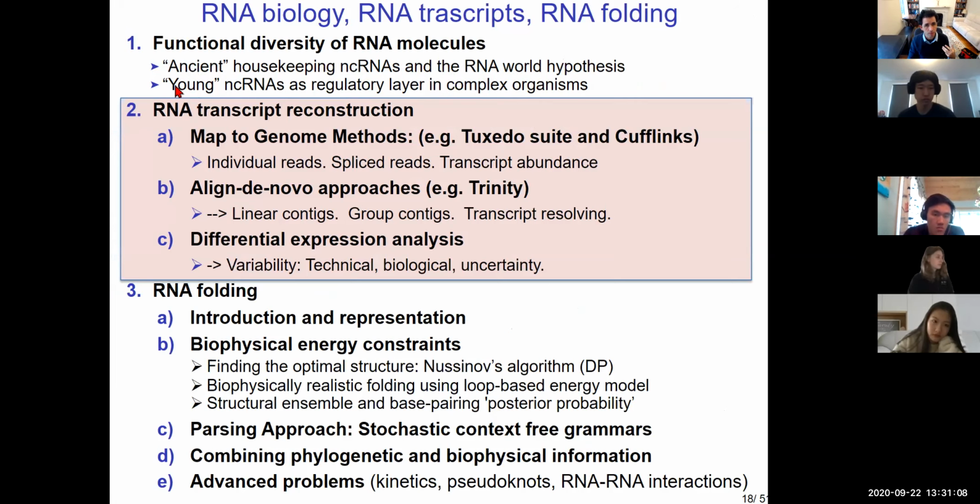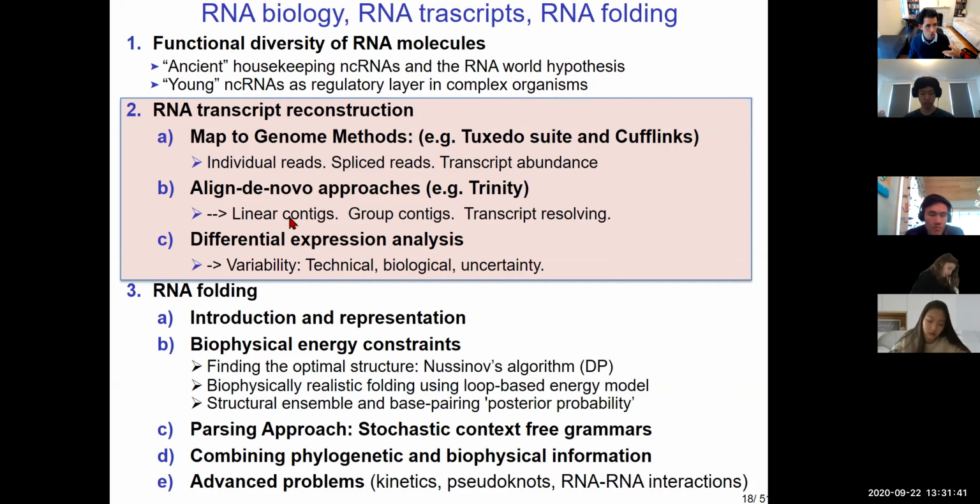And then some young non-coding RNAs that have more recently evolved, and these include additional regulatory layers in complex organisms. For example, microRNAs were only recently evolved. Long non-coding RNAs were only recently evolved. So the RNA world is not just some vestigial thing of the past. It's also a layer of regulation that evolution will explore. So anyway, RNA is totally awesomely cool.